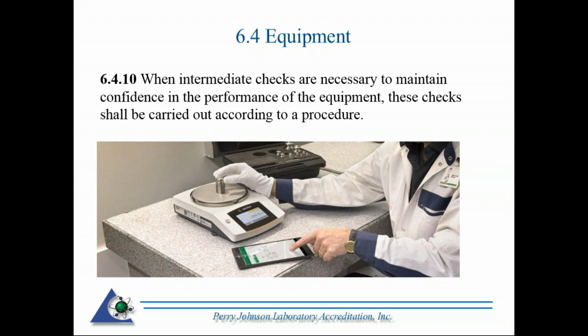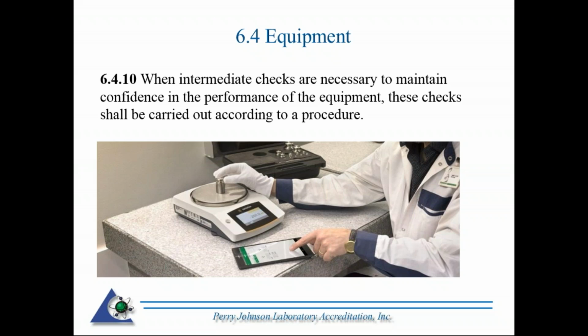Intermediate checks. When intermediate checks are necessary to maintain confidence in the performance of equipment, these checks shall be carried out according to a procedure. So often in the case of analytical balances, we may have intermediate system checks in place that incorporate test weights.